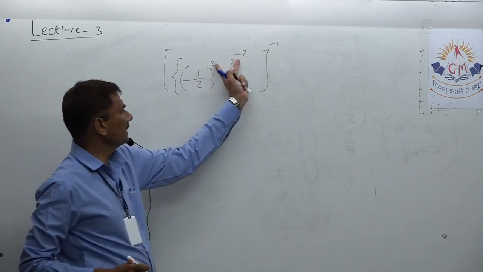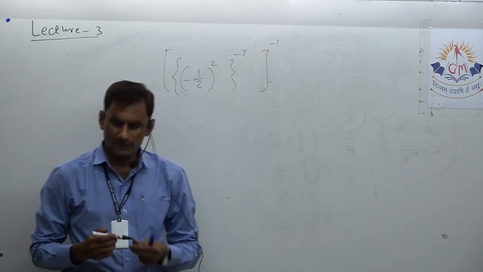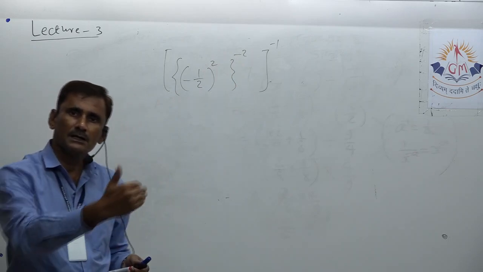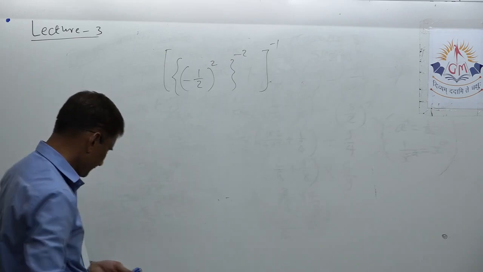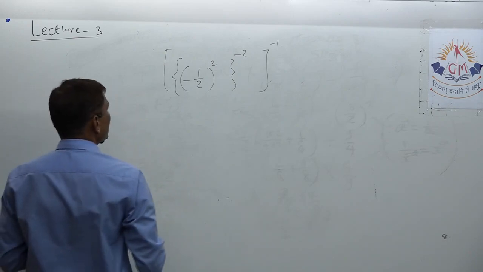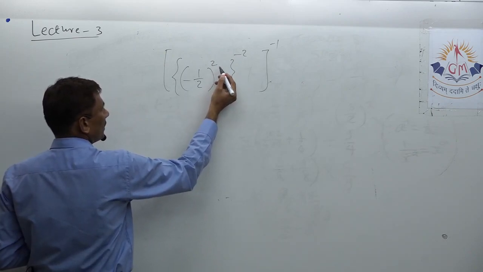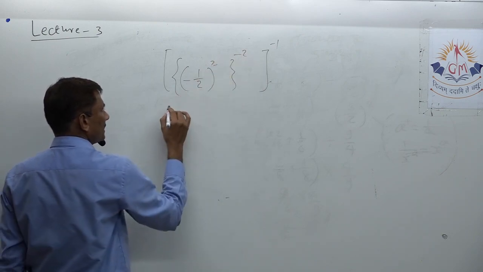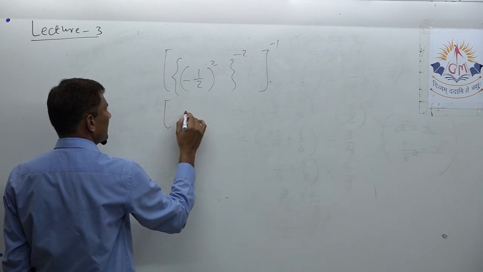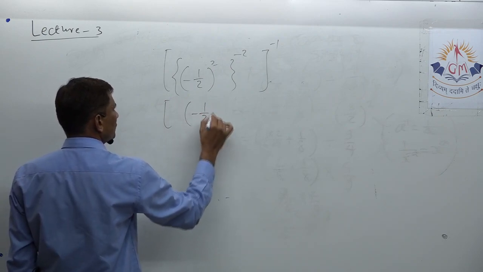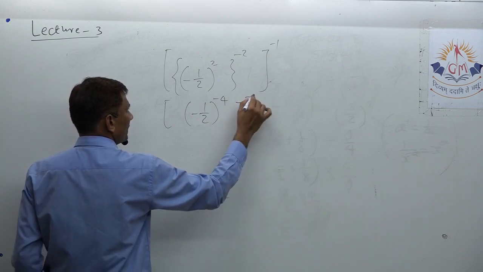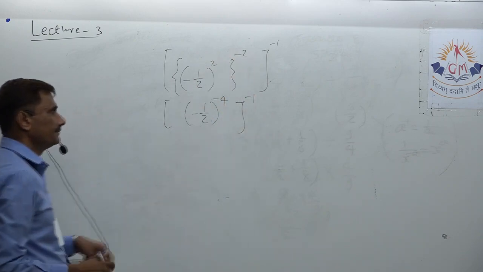Anyhow, you can apply that way also. Mostly we open first of all small bracket, okay, then middle bracket and then square bracket. So I first of all opening this one, okay, means these two bracket exponents will be multiplied. So it will be minus 1 by 2 raised to minus 4. Why minus 4? I multiply both ones.